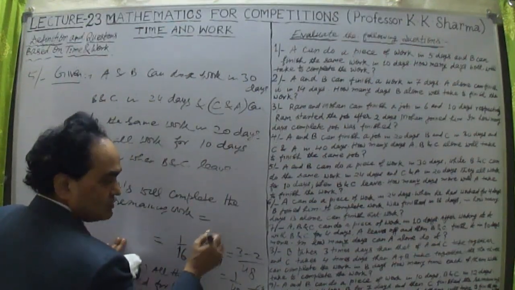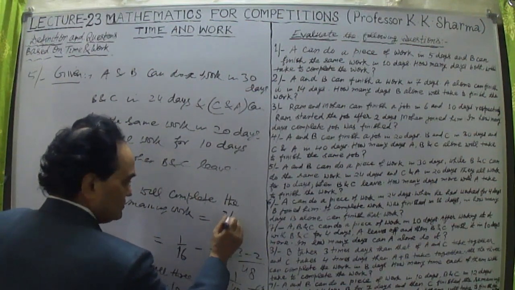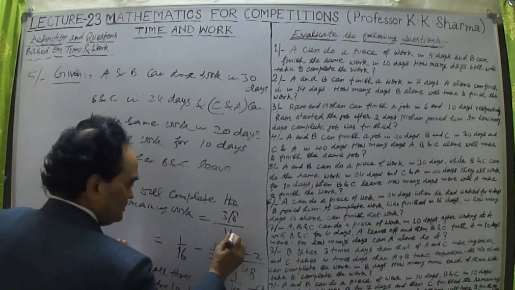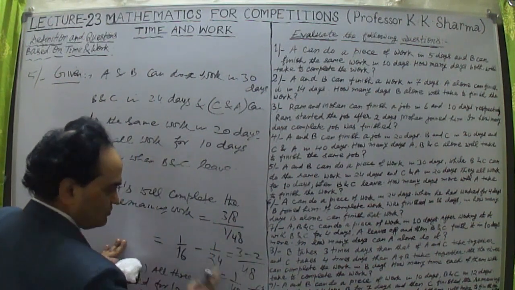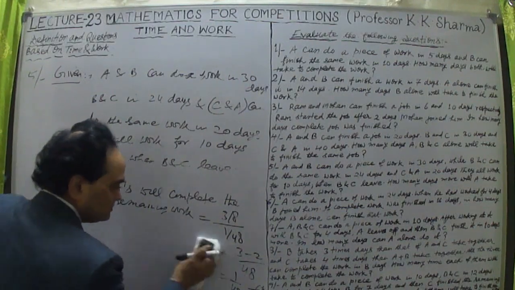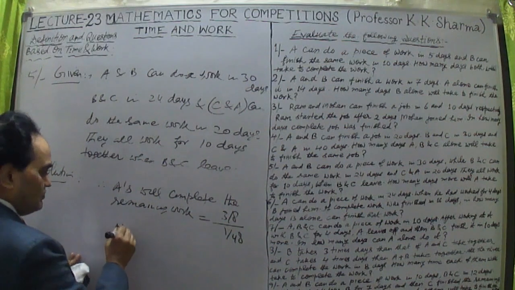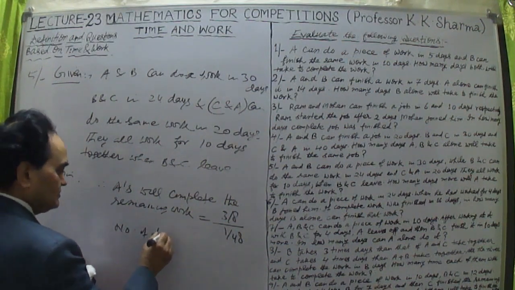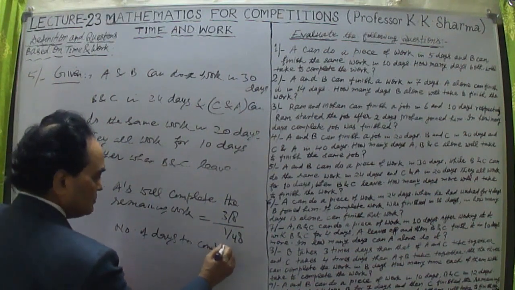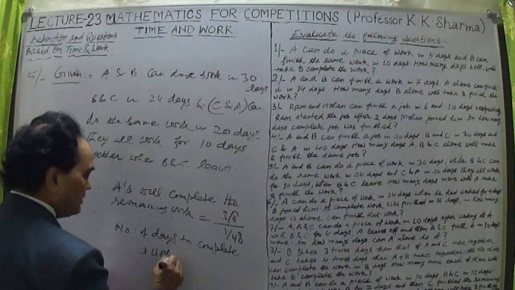This is the remaining work, which is 3 by 8, divided by rate of work. This is 1/48, because A's rate of work is 1/48. So what is the formula? Remaining work divided by rate of work gives the number of days to complete a work. This is the basic formula I have used here.